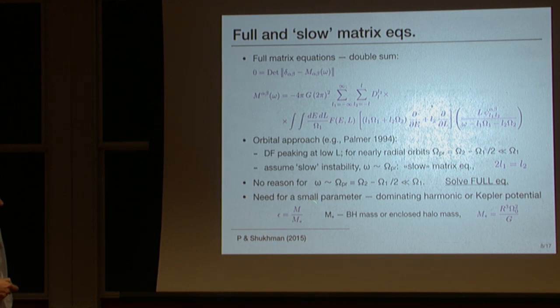This is a small parameter. M is the mass of the cluster, and M star is a black hole mass or enclosed mass of the halo.